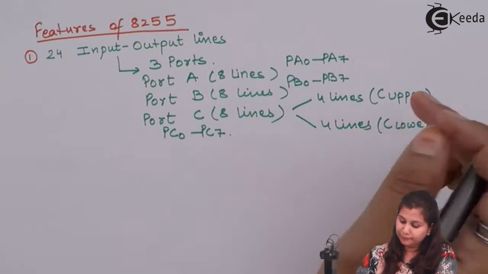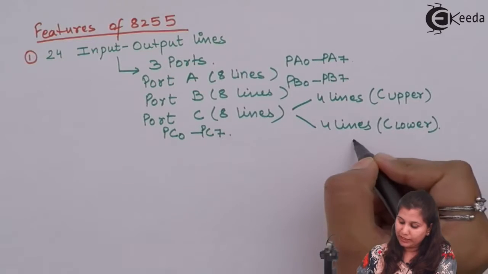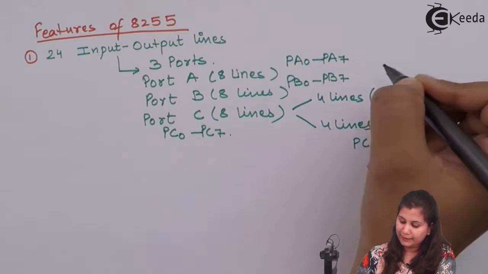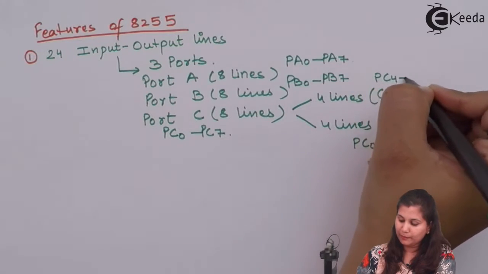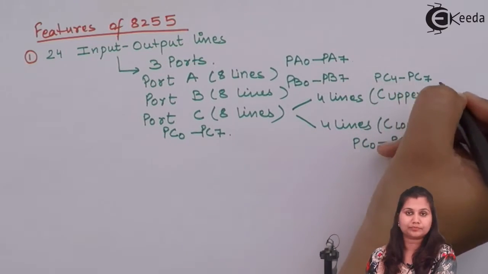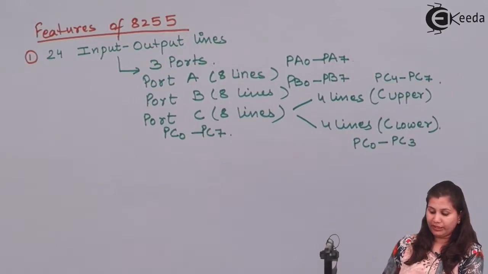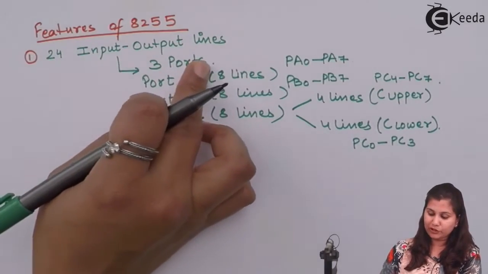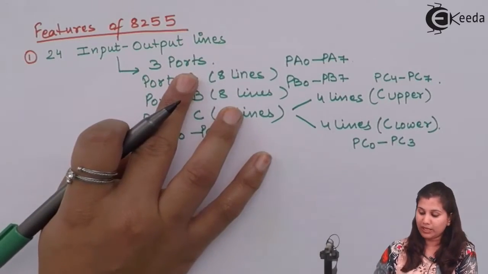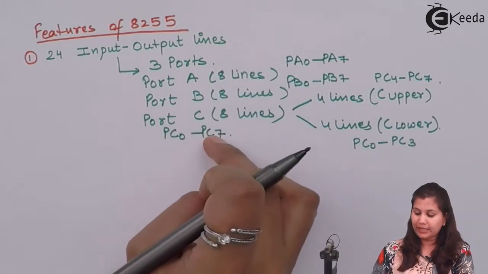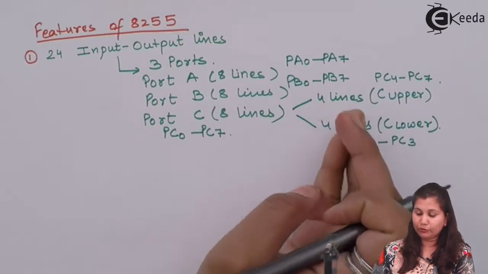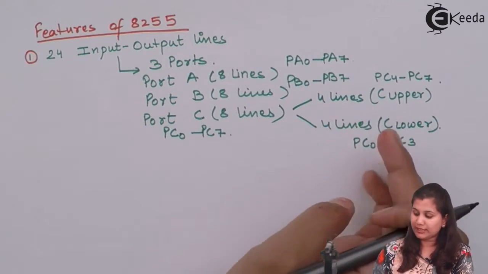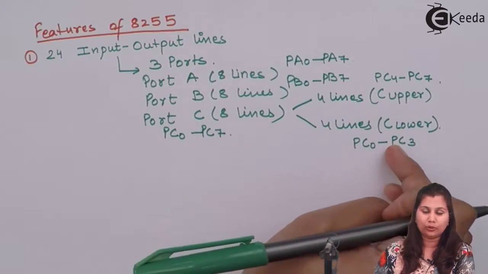So C upper and C lower, we will have PC0 to PC3 and PC4 to PC7. So we have the 8255 with 24 input output lines divided into 3 ports, port A, B and C, and port C is further divided into 4-line ports which are C upper and C lower.